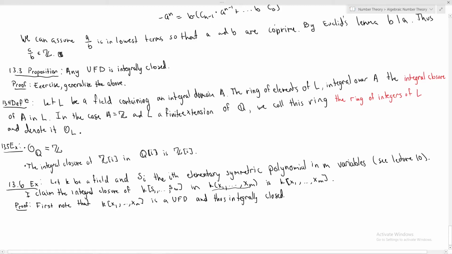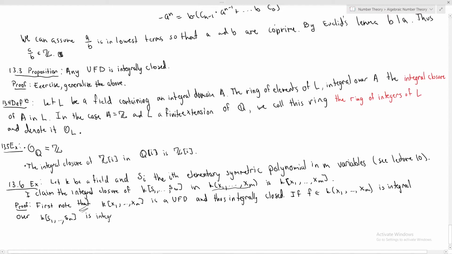Now, any element f of this field of rational functions which is integral over the symmetric polynomials is necessarily integral over the regular polynomials, because the symmetric polynomials are just polynomials in m variables. So we have a containment here.